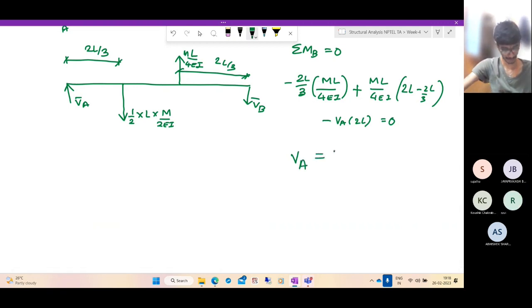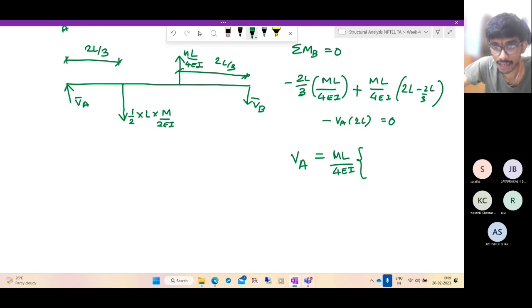VA as, okay, let's do it. So this is 2 ML by 4EI into, you get ML by 4EI, you can take commonly out.